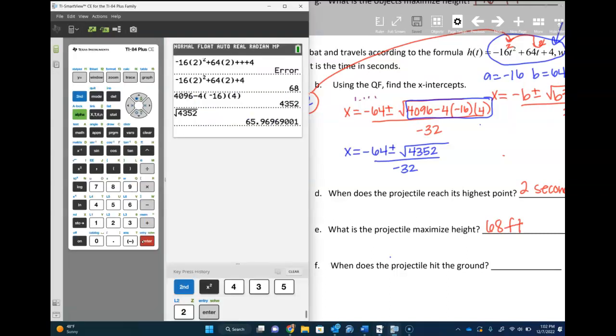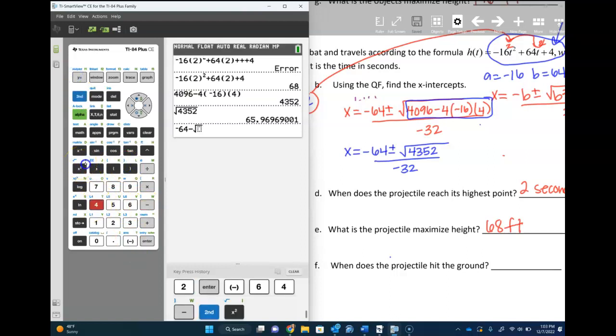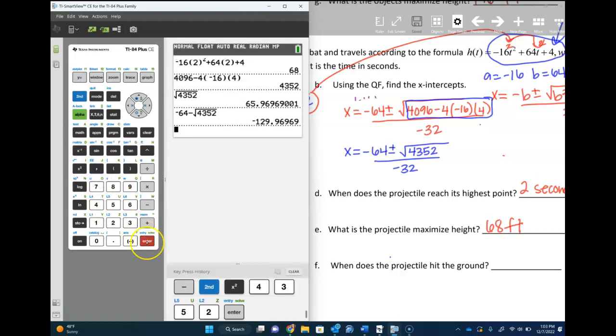Do you want to add or subtract first? Remember, you're just looking for the positive one. So the positive one will be when you subtract in this example. Not always, but sometimes. So we have negative 64 minus the square root of 4,352. What do you click? Enter. And then you do what? Yep, divide by negative 32.